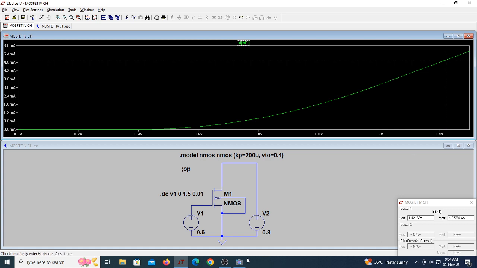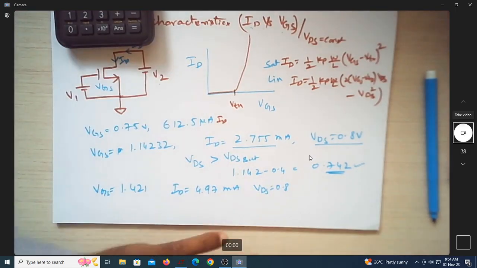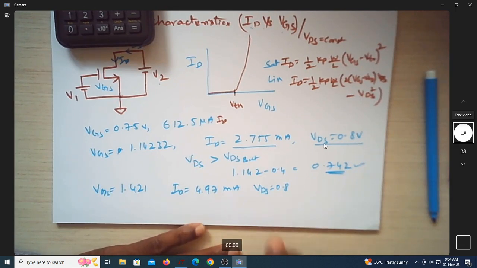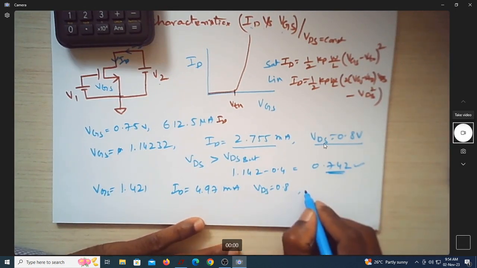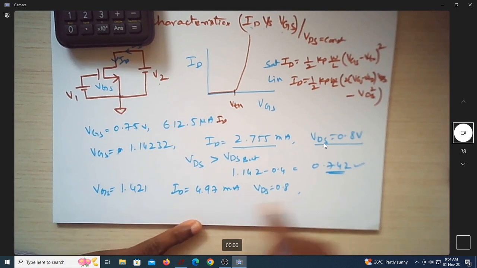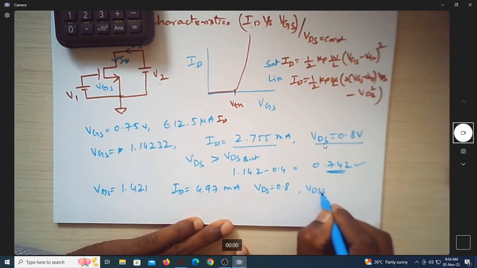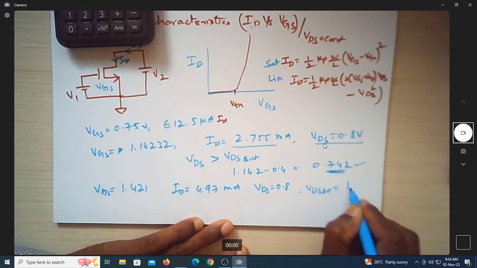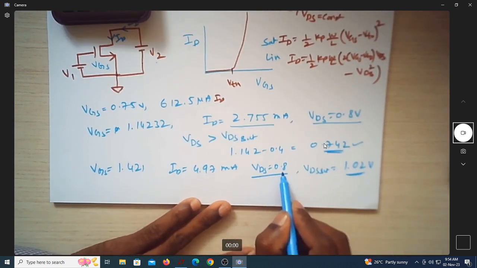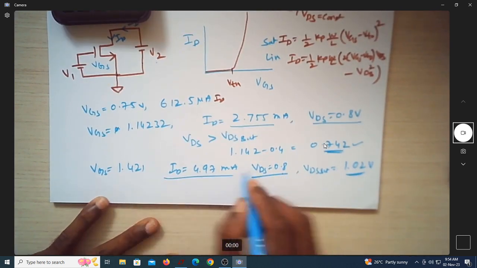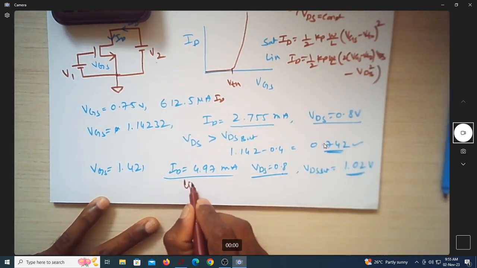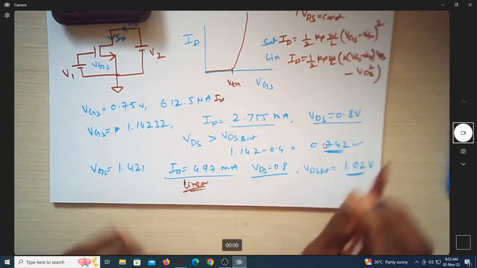Now coming back to this, VDS is 0.8, so what should VDS SAT be with this VGS? VDS SAT should be equal to 1.02 volt, but you have a VDS of 0.8, so this current is in linear, so this should be a linear current.